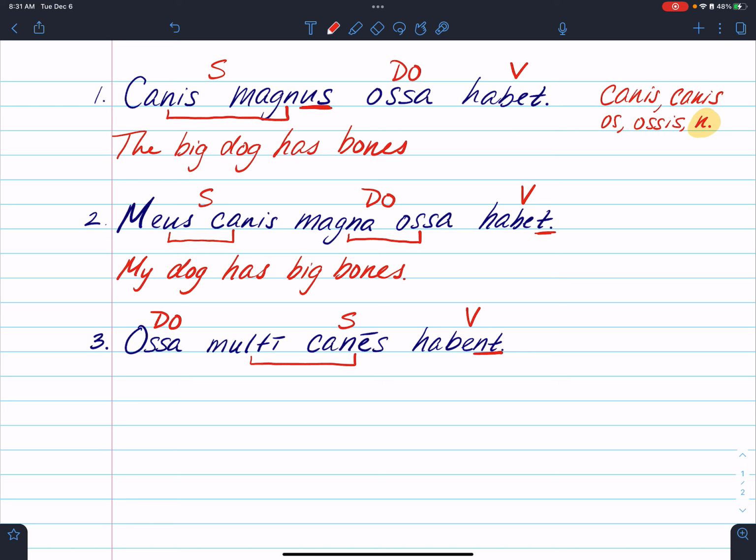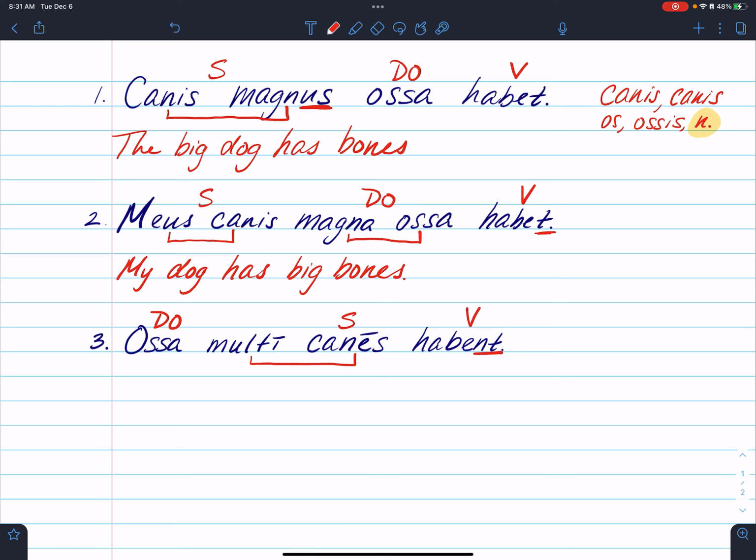Same gender. Yeah, right. Multi, that I ending here, is masculine, and canes is a masculine word, right? So it can't agree with ossa. Otherwise it would have to be like multa if it were to agree with ossa.